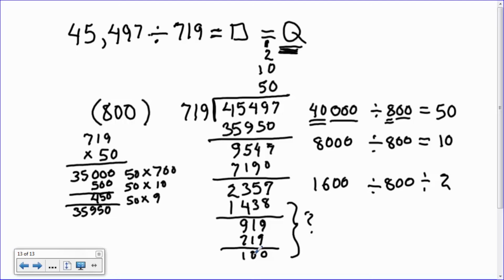So the question is, what do I do with that 100? Let's talk about it for a little bit. So we got a remainder of 100, and our divisor was 719.